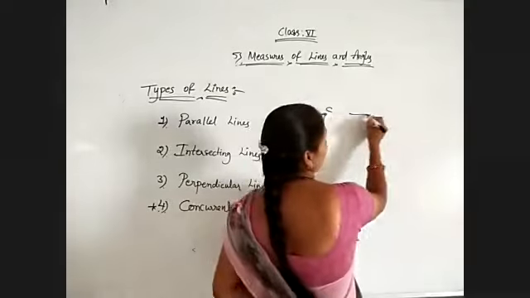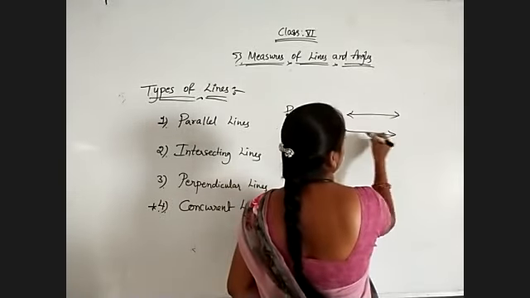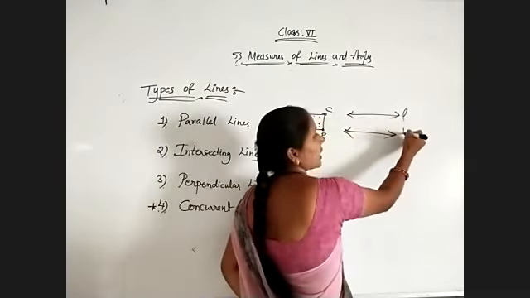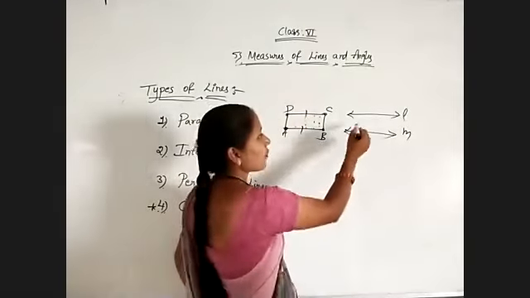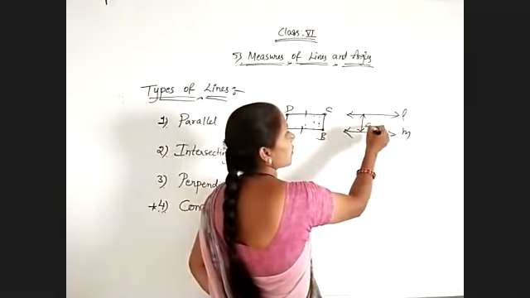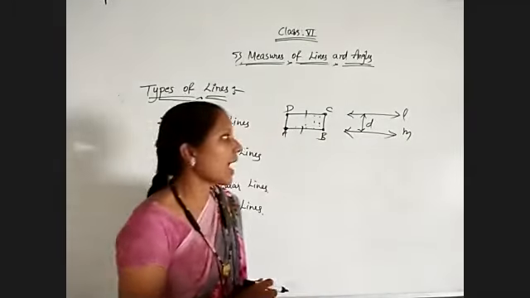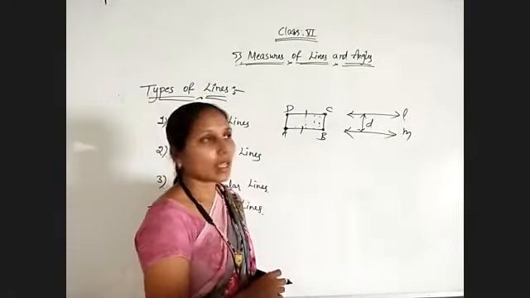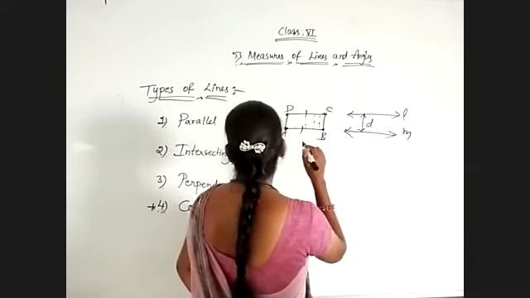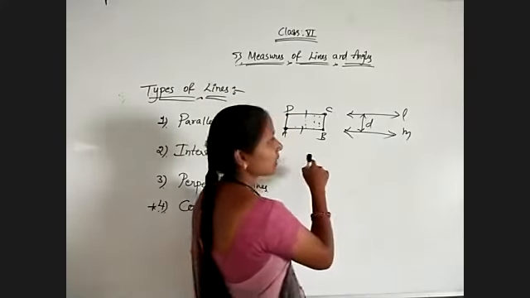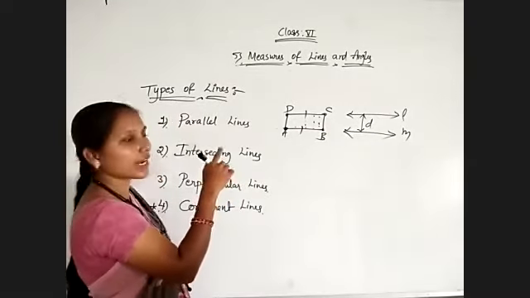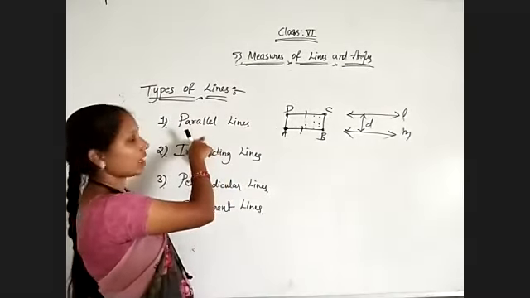Parallel lines mean they do not intersect at any point. They have to maintain the distance equally at any point. Such lines are said to be parallel lines. And railway track, opposite lines of a railway track are examples of parallel lines.